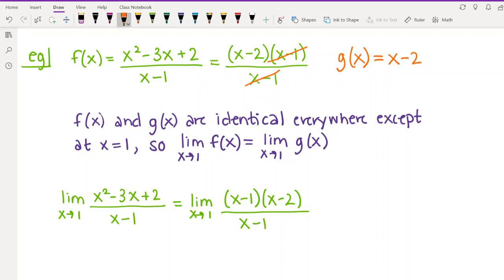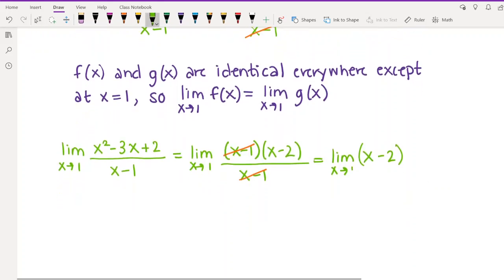We cancel out that x minus 1, which gets rid of the discontinuity, right? It gives us a new function that is now defined at 1. And so now we have the limit as x approaches 1 of x minus 2. And now we can just plug in 1, right? We can use direct substitution. Because the function is defined, we can just plug the number in.